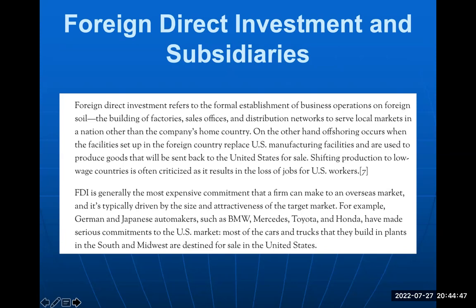And we talked about offshoring. Shifting production to low-wage countries is often criticized as it results in loss of jobs for not just the United States. So FDI is generally the most expensive commitment that a firm can make to an overseas market, and it's typically driven by size and attractiveness of the target market.